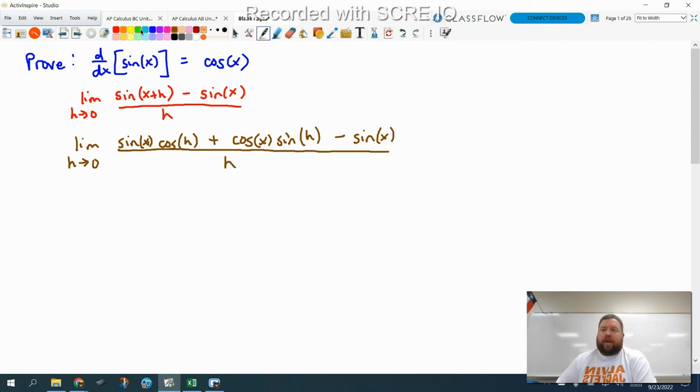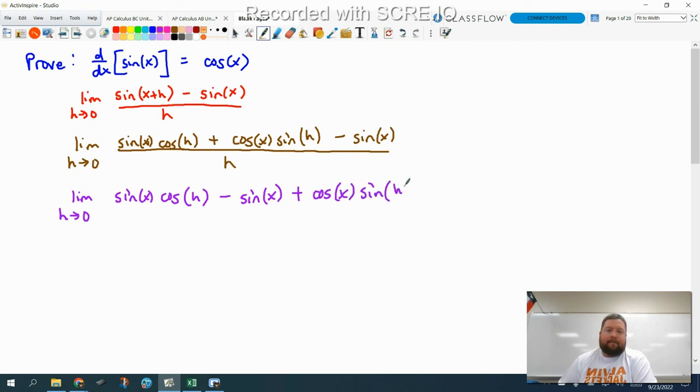All right, so now I want to try to manipulate this. That doesn't look like it really helped us, but it actually did. This term has a sine x, and our last term also has a sine x. So let's rearrange it and put those terms next to each other: sine x cosine h minus sine x plus cosine x sine h, all over h.